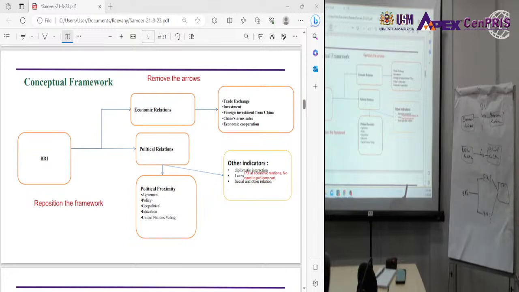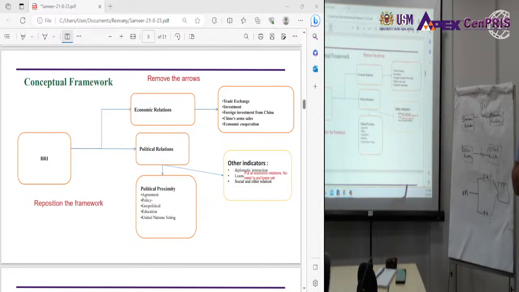Okay. So you're explaining a conceptual framework, not a historical process.